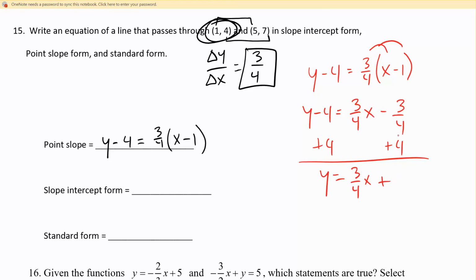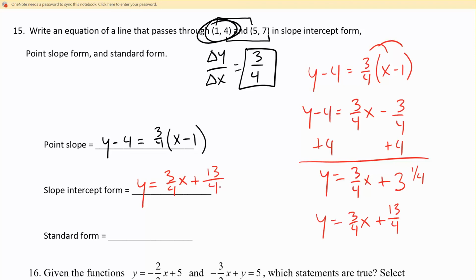That's what that is. So that's $3.25, so 3 1/4, and that would be y equals 3/4 x plus 3 times 4 is 12 plus 1 is 13, so 13/4. Y equals 3/4 x plus 13/4, and then we're going to change that into standard form.